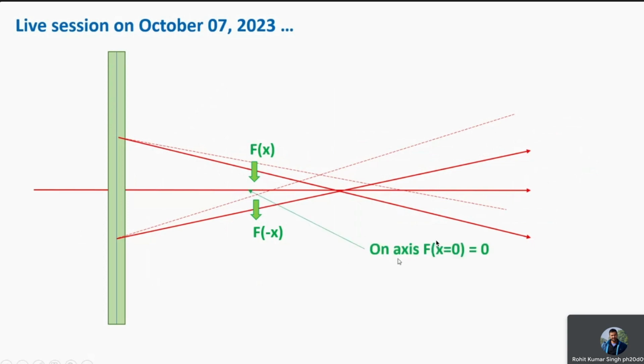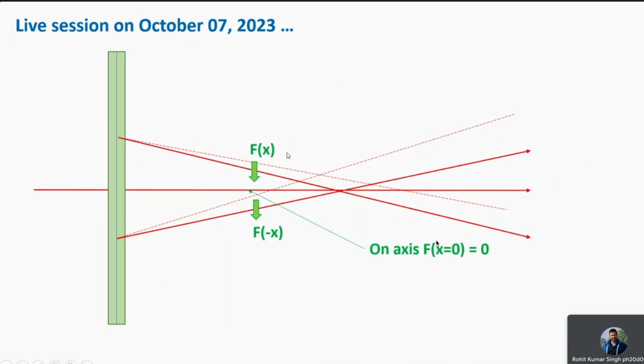So on axis, we need no force. If a particle is going on the axis, it should not be disturbed. But if we are on the positive x side, we need a force on the downside. And if we are on the negative x side, we also need force in the same direction.